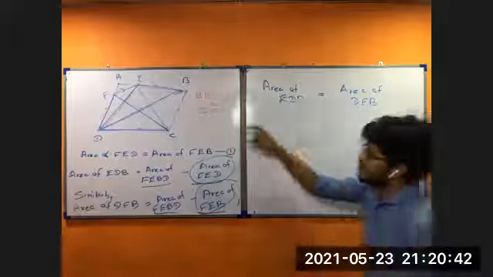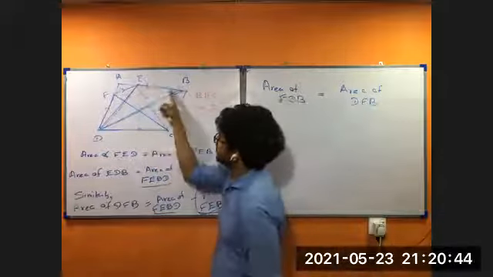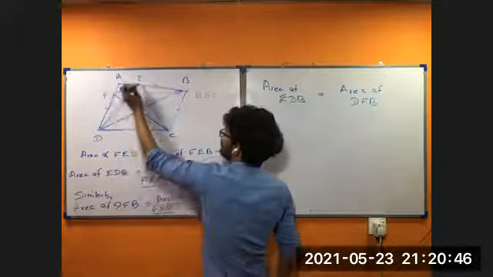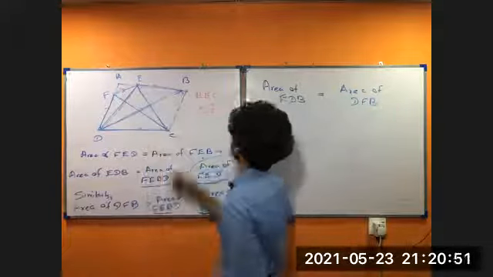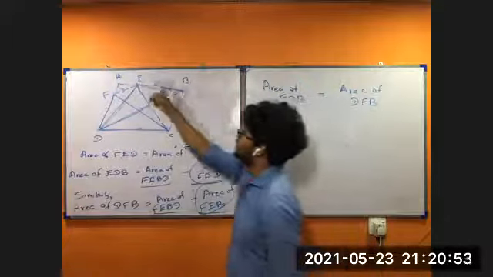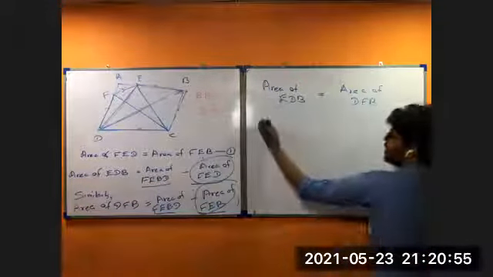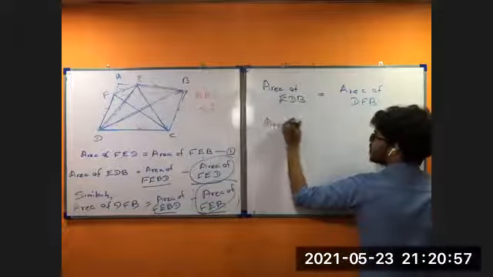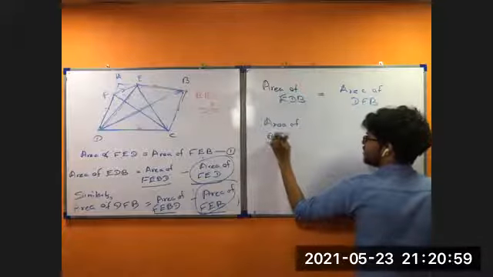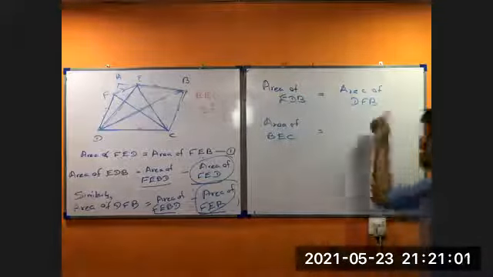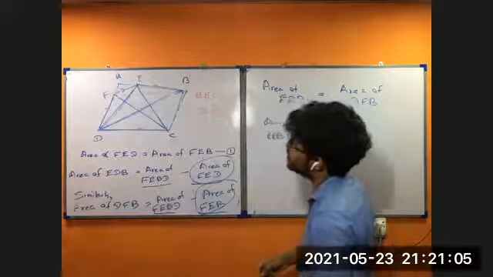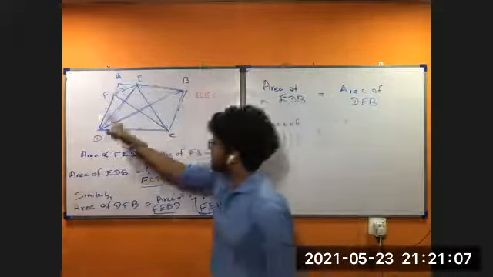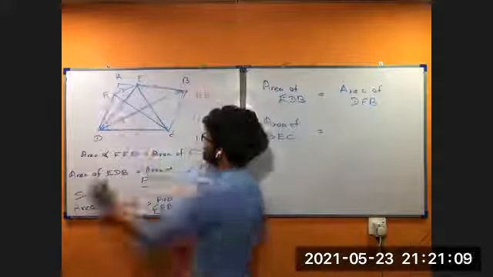So EDB means this triangle. So this triangle is also equal in area to what? This triangle, right? So instead of EDB, you can write BEC. So you can write area of BEC is equal to area of DFB. Area of DFB means this triangle.